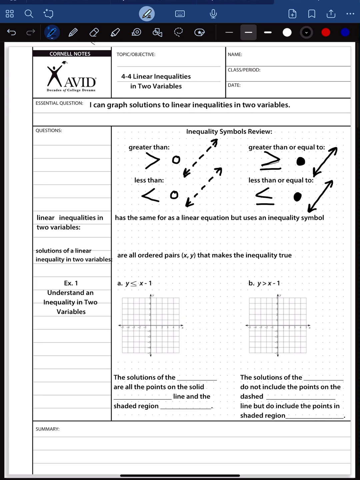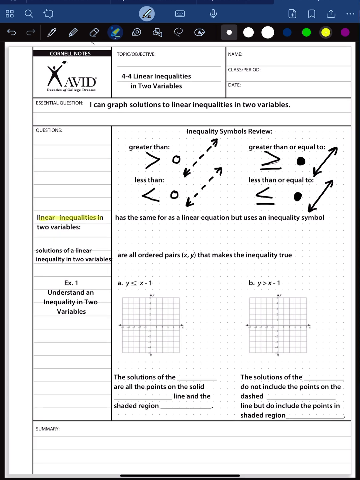New to this lesson, linear inequalities in two variables are similar to linear equations, except we use inequality symbols. If we think of the slope-intercept form, y equals mx plus b, as an inequality, that would look like y is greater than mx plus b, or y is less than or equal to mx plus b.